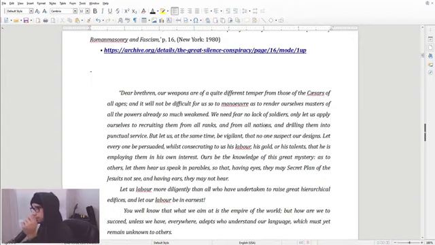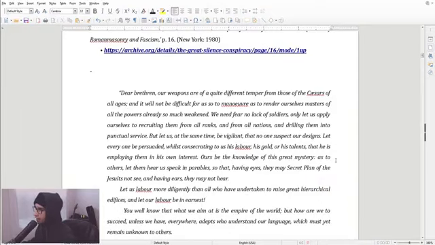Okay? It says this. Quote, "Dear brethren, our weapons are of quite a different temper from those of the Caesars of all ages, and it will not be difficult for us so to maneuver as to render ourselves masters of all the powers already so much weakened. Look around us today.